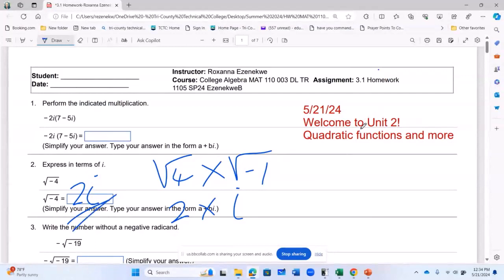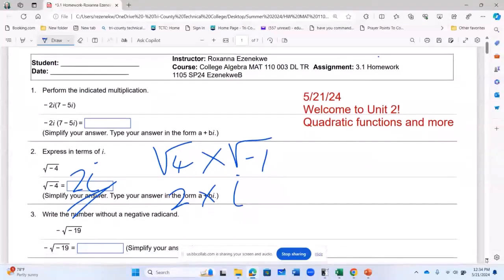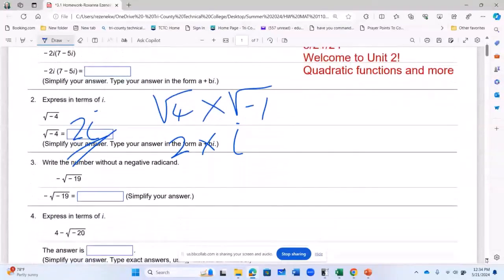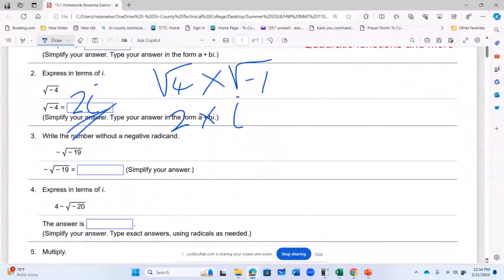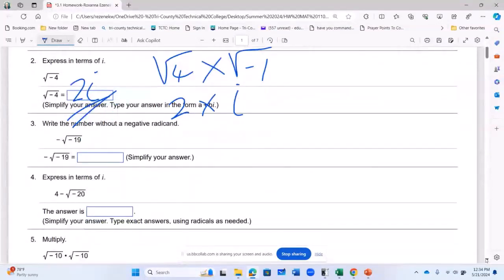So that's how to multiply complex numbers. And let's go to number 3. I have to write the number without a negative radicand. The radicand is the number inside the radical sign. Whenever you're told to write the number without a negative radicand, you want to factor out the negative sign in the radical.